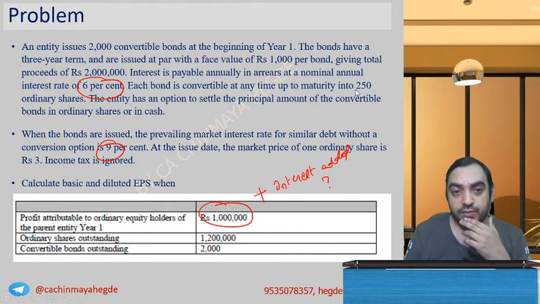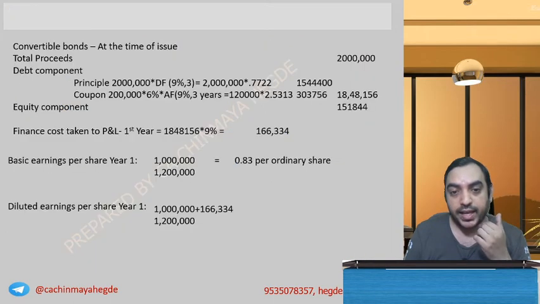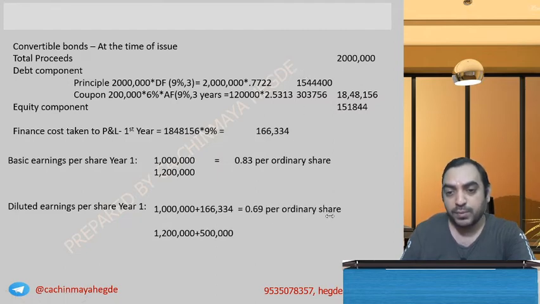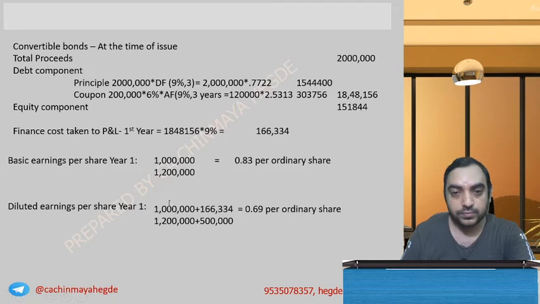Up to 250 shares, so 250 into 2000, 500,000, that is 5 lakh. So you get 0.69 per share, per equity share. Ordinary share means per equity share. It is dilutive in nature, so it is reported.